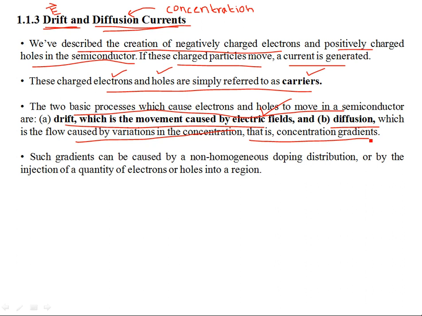These concentration gradients could occur due to non-homogeneous doping distributions, or by the injection of electrons or holes into a certain region. Then there is a gradient in the concentration of charges, and from the more concentrated region to the less concentrated region there is a diffusion of charges which constitutes the diffusion current.